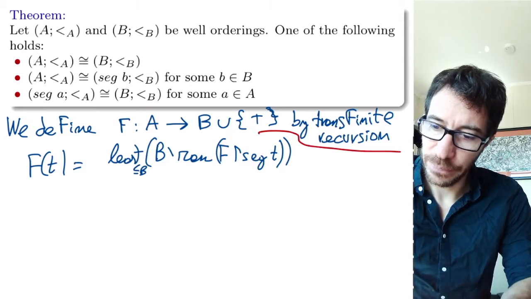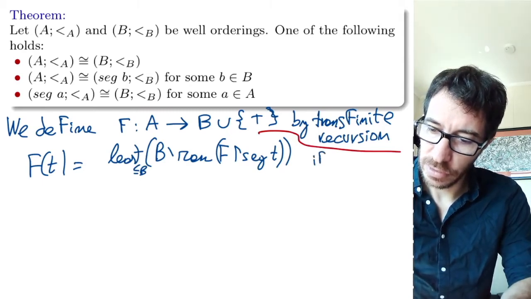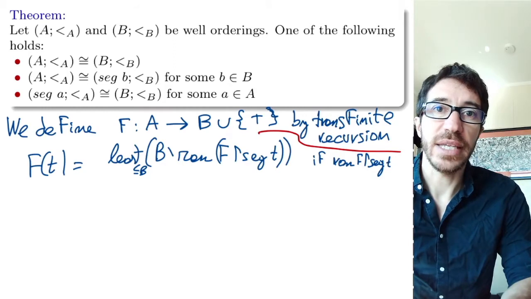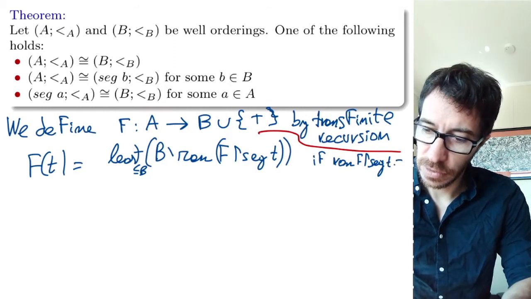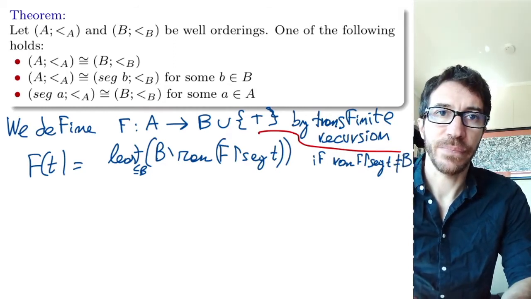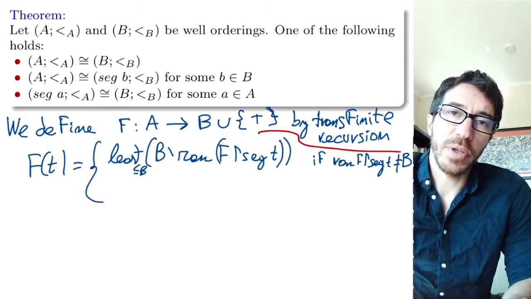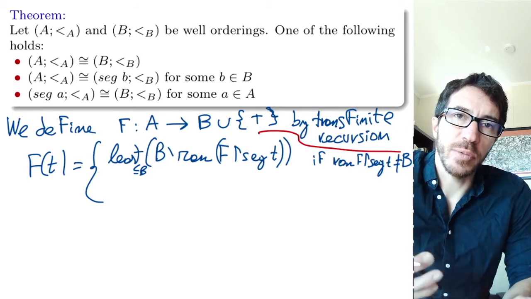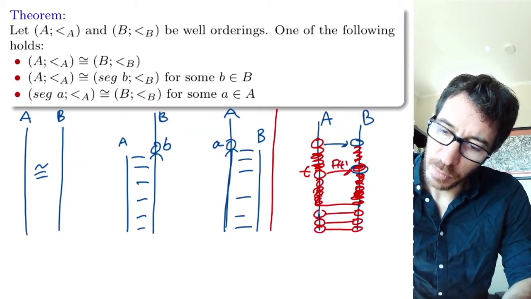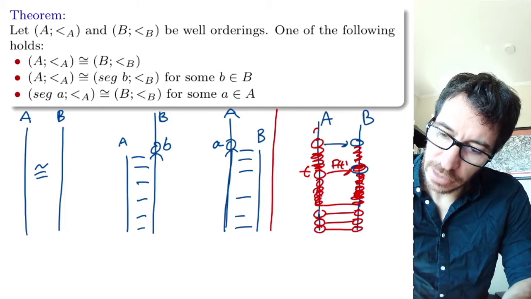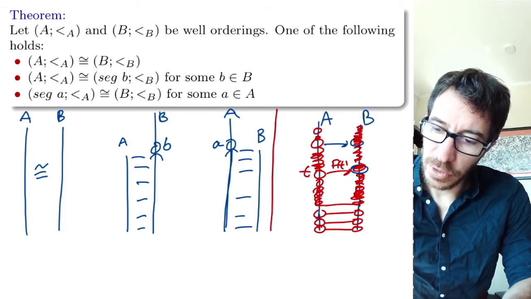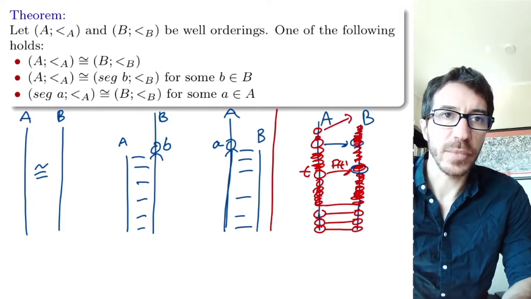So this is if the range of f up to the segment of t is not everything. It's not everything, right? And otherwise, we don't have room, because otherwise that set is empty. This will be the otherwise case, a case when we want to define it here, and the images of all the previous ones have run out already, and we don't know where to go because there is nothing else.